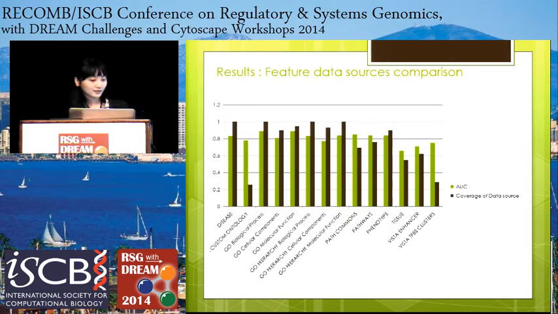Here we can show that the disease genes and the gene ontology sources have high accuracy, with the green bar, and also high coverage, which fits our intuition that these general sources will work for generic disease benchmarks.